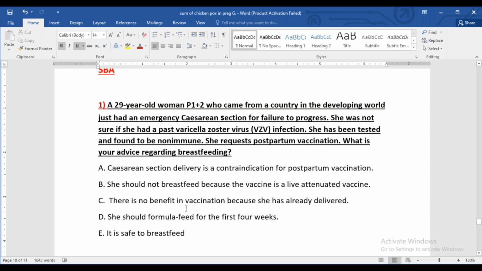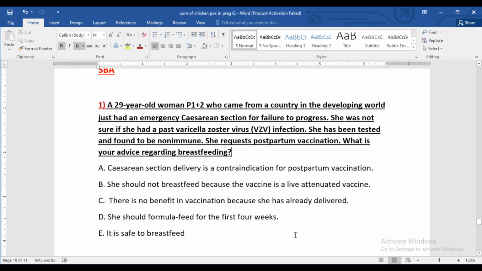Cesarean section delivery is a contraindication for postpartum vaccination. She should not breastfeed because the vaccine is a live attenuated vaccine. There is no benefit in vaccination because she has already delivered. She should formula feed for the first 4 weeks. It is safe to breastfeed.